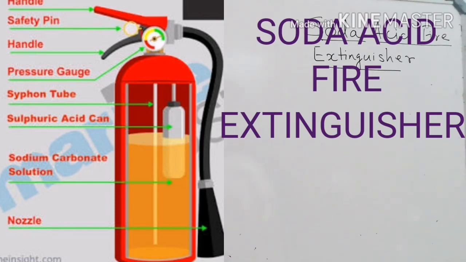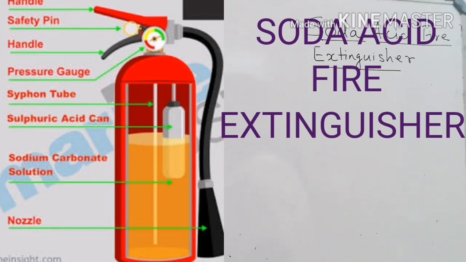Near the upper end of the cylinder, you can see in the diagram, there is a wire gauge, and inside the wire gauge, there is a sealed bottle filled with concentrated sulfuric acid. Again, at the top you can see there is a metal knob, and this metal knob is movable. At the other end there is a tube. This tube can be used to direct the carbon dioxide gas towards the fire, to extinguish the fire.